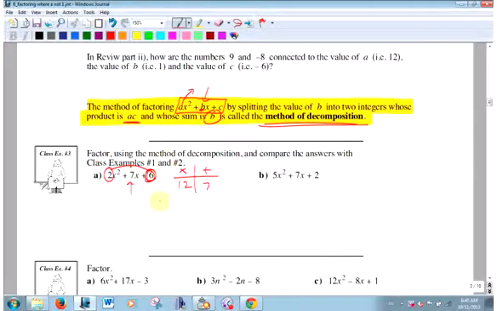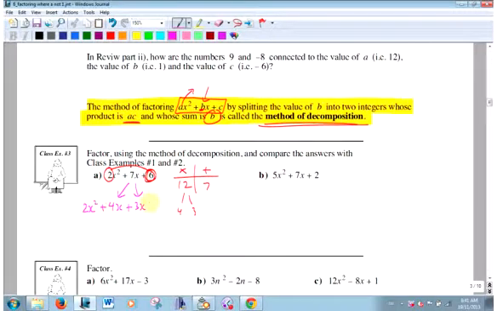Or just look at the middle number, 7. What two numbers multiply to 12 and add to 7? 4 and 3. Okay? So I want to split up 7x into 4x and 3x. I still have 2x squared.